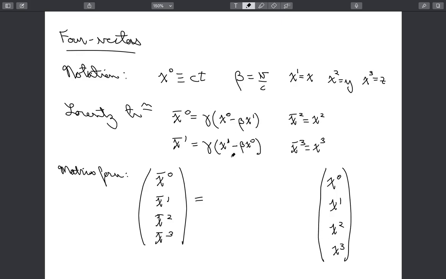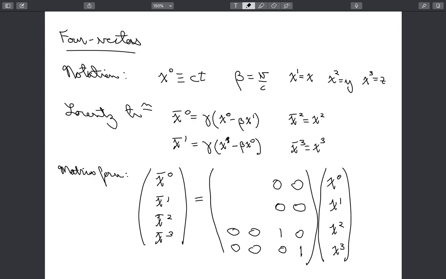And because the relationship between the 2 sets of coordinates is linear, I can write this as just a simple matrix acting on the other bit here. So first of all, the 2 and 3 coordinates, they transform as the unit, like this, unchanged. There's no coupling between these blocks here. And now only the x0, x1 have a non-trivial relationship.